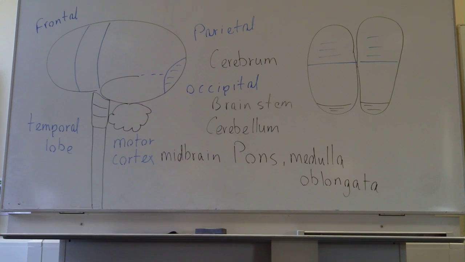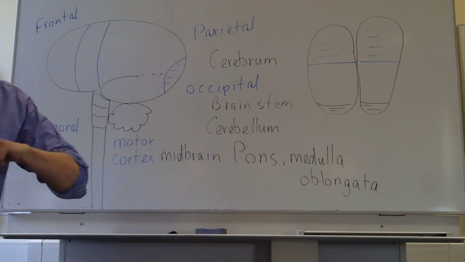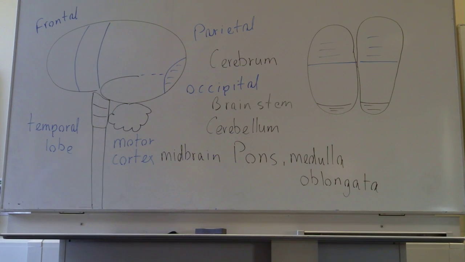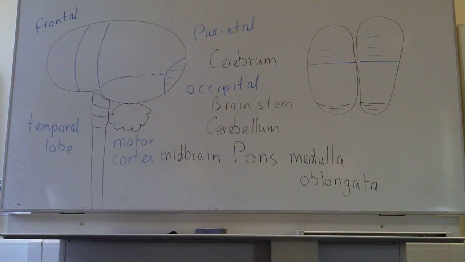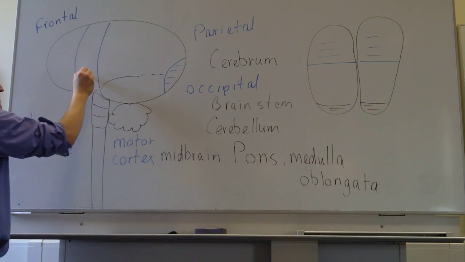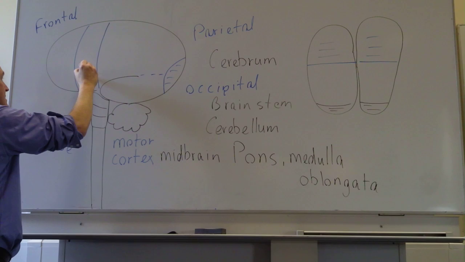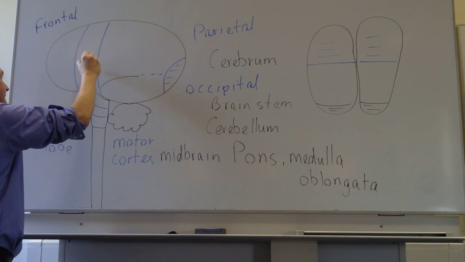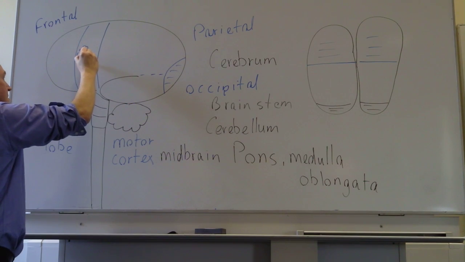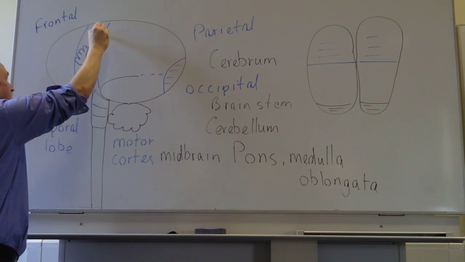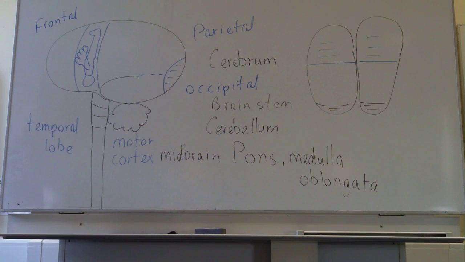And motor means to do with movement. So this is where movements of the body are initiated. And in here there's a little man, or indeed a little woman, who's more or less upside down, represented in the motor cortex.